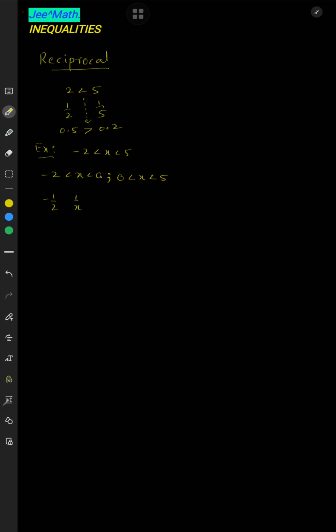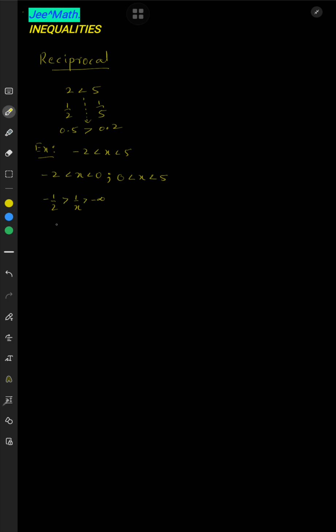And 0 is not exactly 0, only somewhat less than 0 numbers are there, so the reciprocal gives us minus infinity.